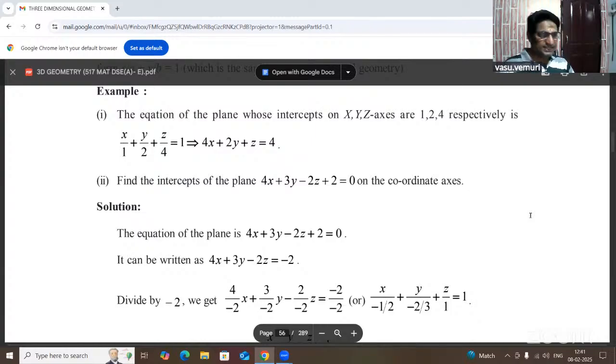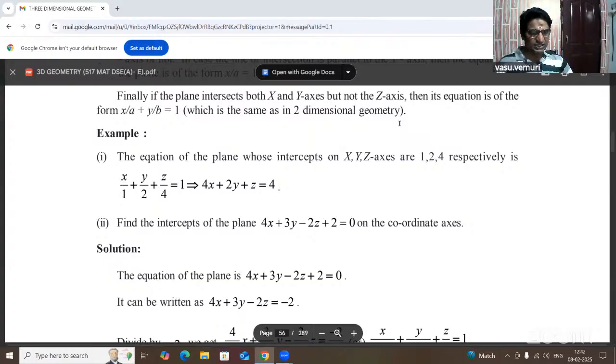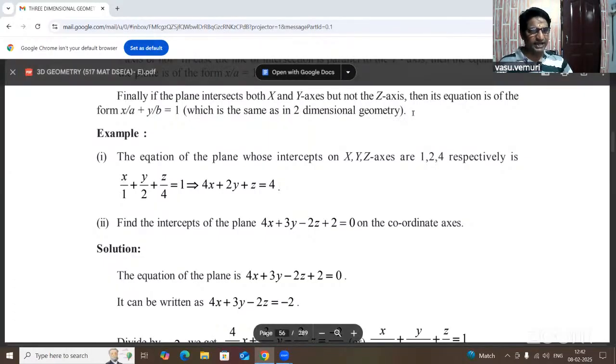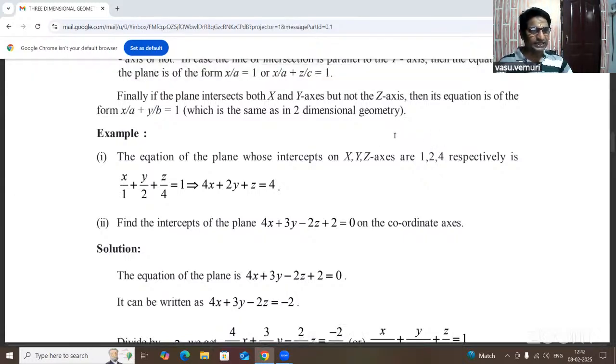Okay. Now see this example: the equation of the plane whose intercepts on the x, y, z axes are given. This is for your practice. The x intercept is 1, y intercept is 2, z intercept is 4, and to write the intercept form it is x by 1 plus y by 2 plus z by 4 equal to 1.